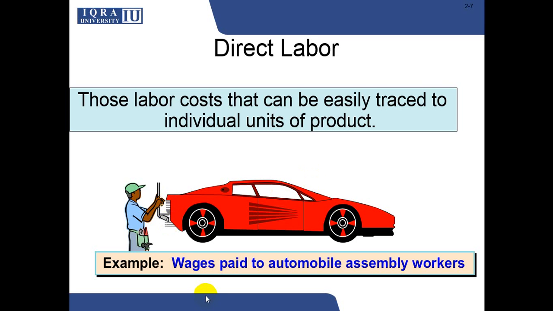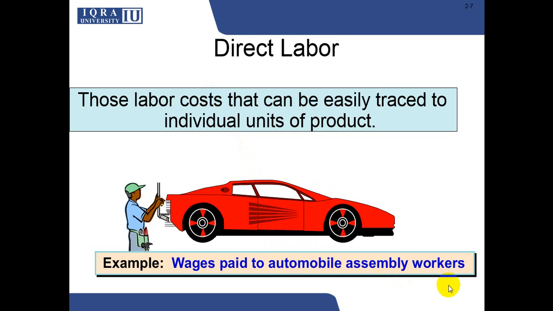For example, workers on the assembly line or those who use the machinery to make the product. In this example, wages paid to an automobile assembly worker is the direct labor cost, which is directly associated with the product, right?